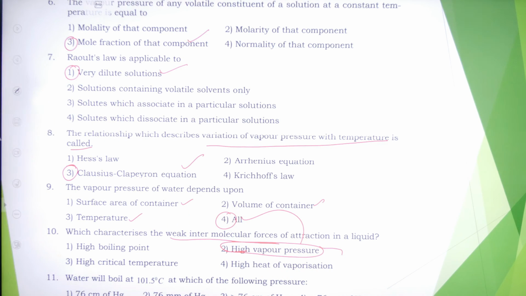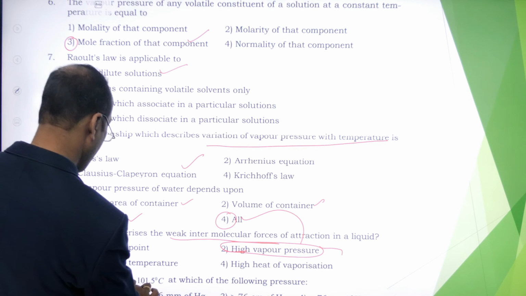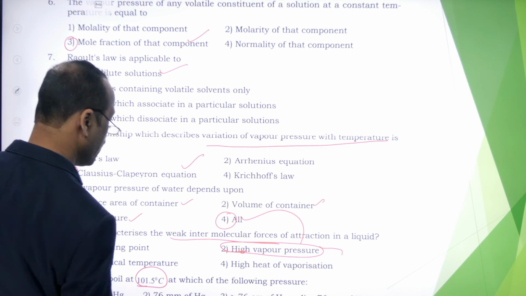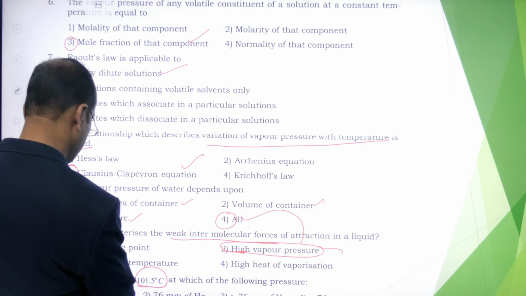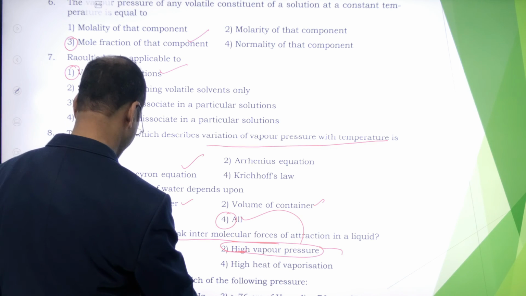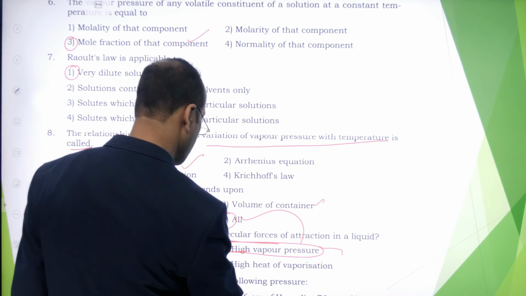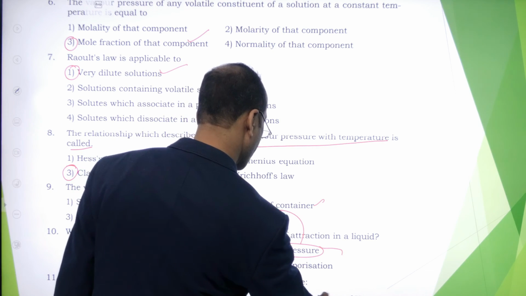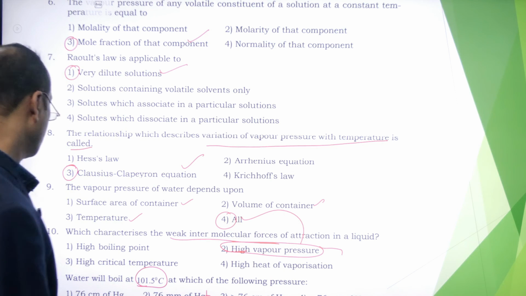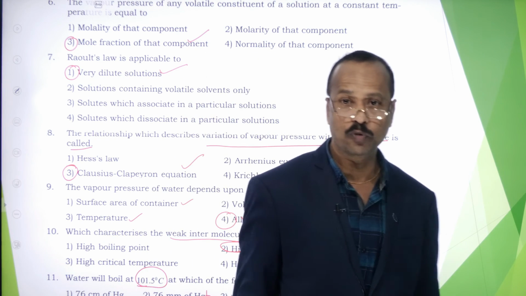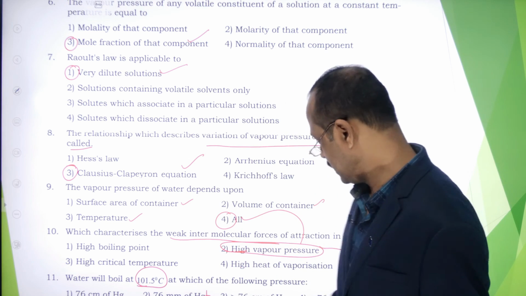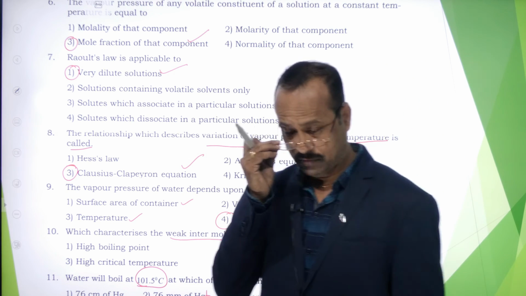Now the last and final one: the water will boil at 101.5 degrees at which of the following pressures? 76 centimeters is wrong, because the pressure has to be greater than 76 or less than 76. If the pressure is more, the boiling point will increase. I think you have already learnt this in lower classes.